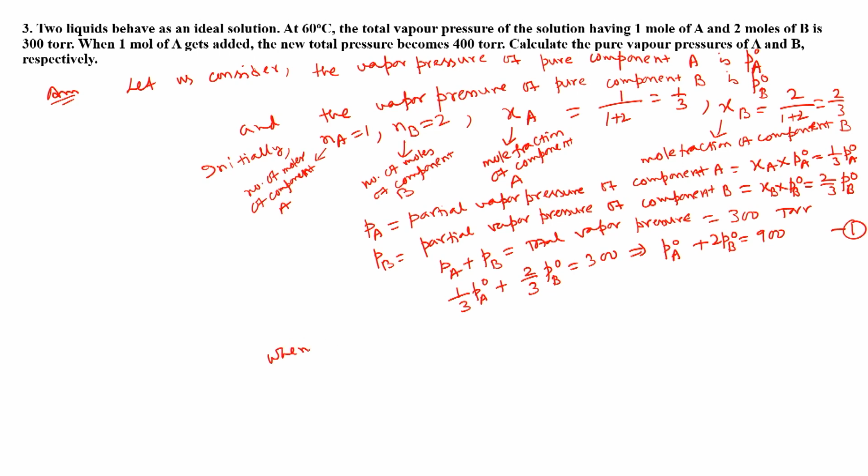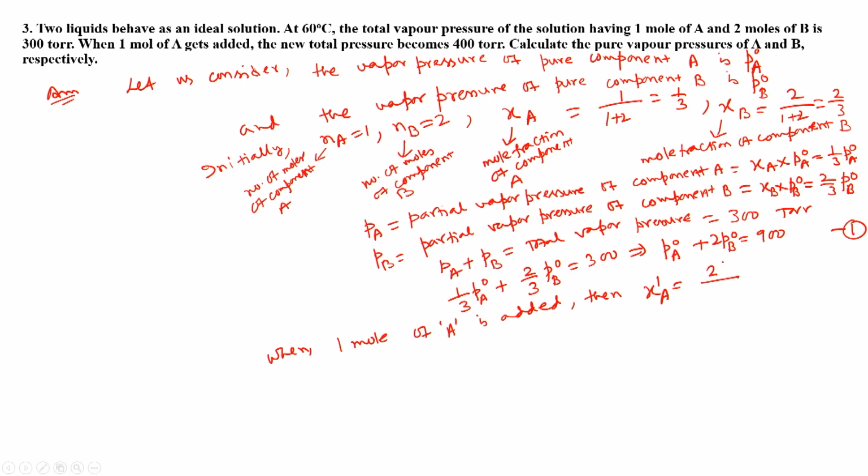When 1 mole of A is added, then XA prime is the mole fraction. After adding 1 mole of component A, the mole fraction of component A, XA prime, is: now total number of moles of A is 2.